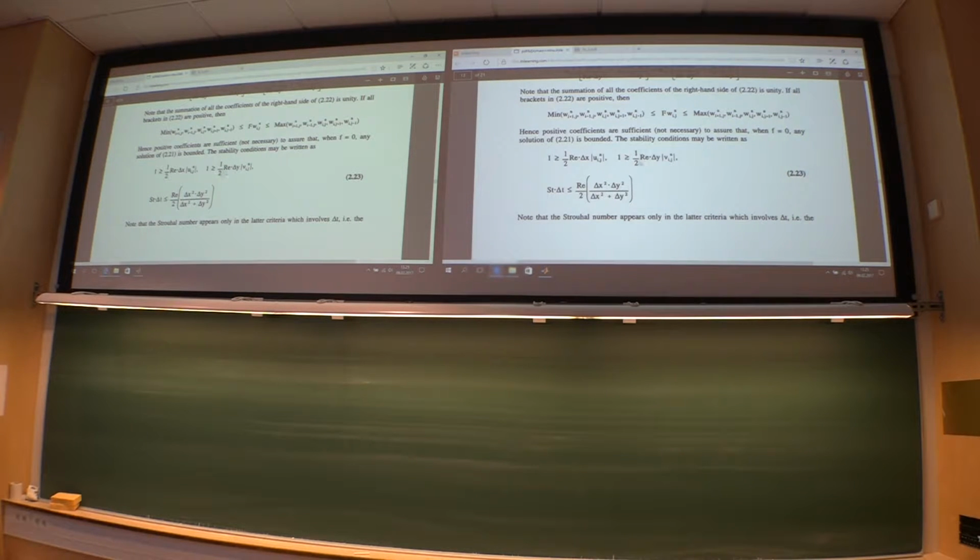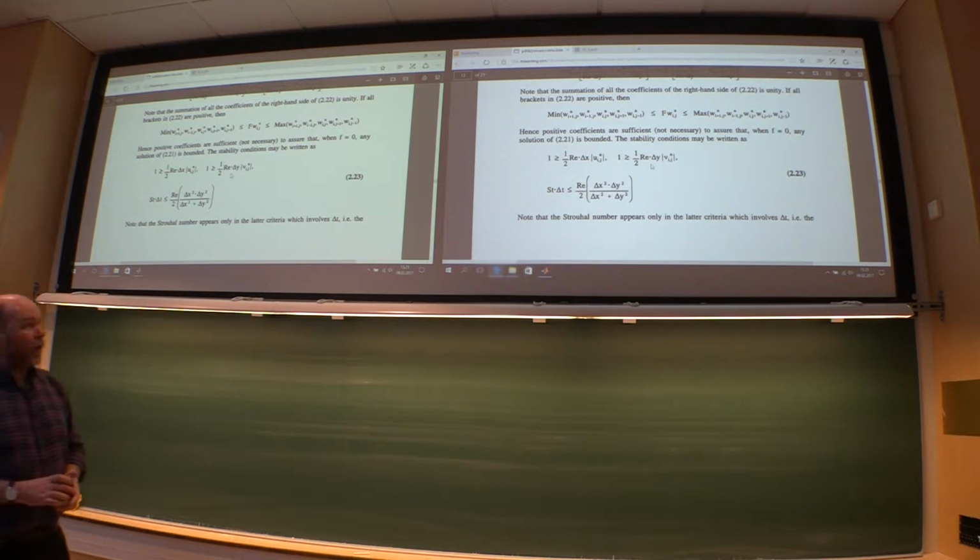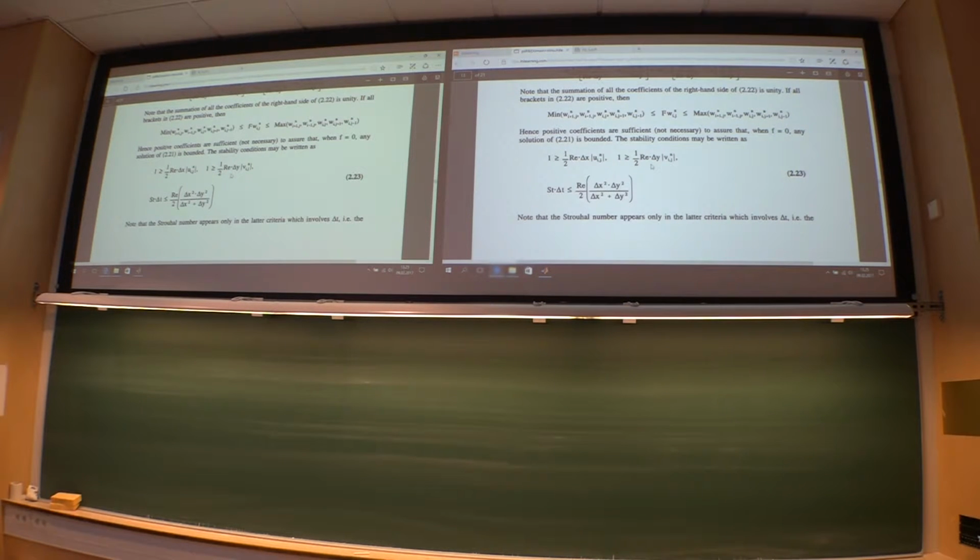They are actually a demand for spatial resolution. Depending on the Reynolds number, you have to have so and so small delta x and delta y. You have to resolve the physics in the problem. Here, I'm not interested in spatial resolution. I'm interested in stability criteria, so I cheat.